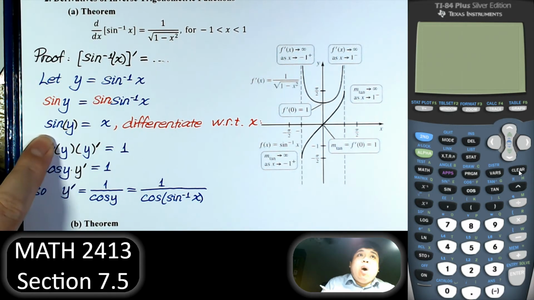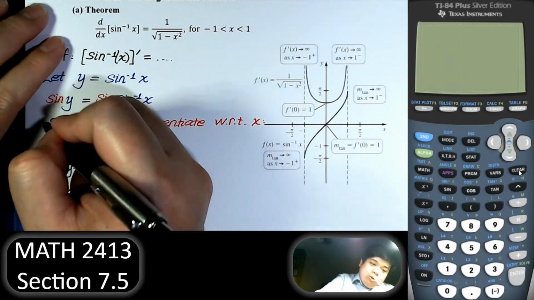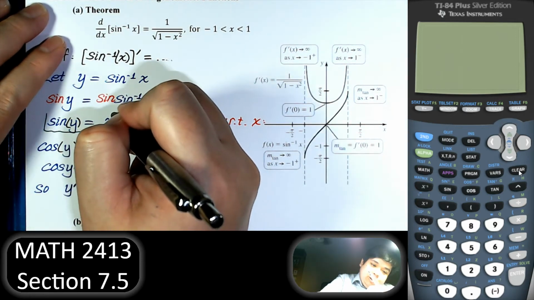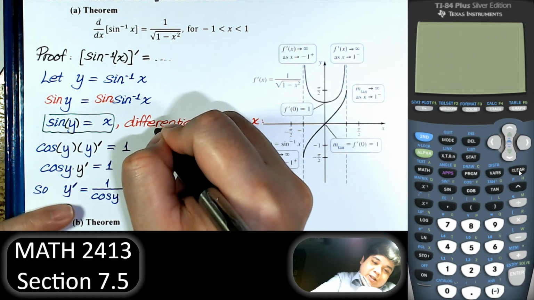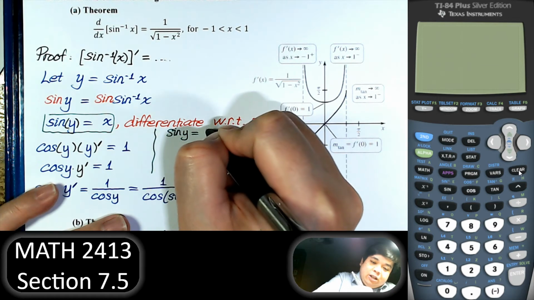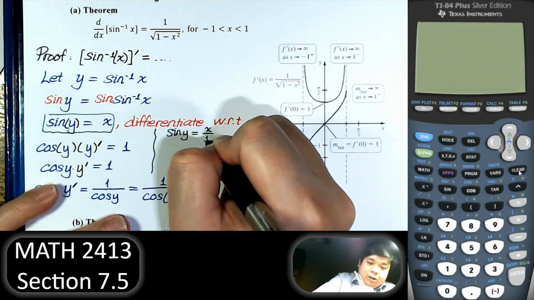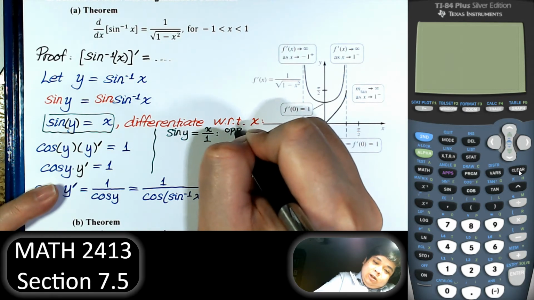Now, let's go back to sine y equal to x, and we solve for this. So let's write that over here. Sine of y is equal to x over 1, which is opposite over hypotenuse.